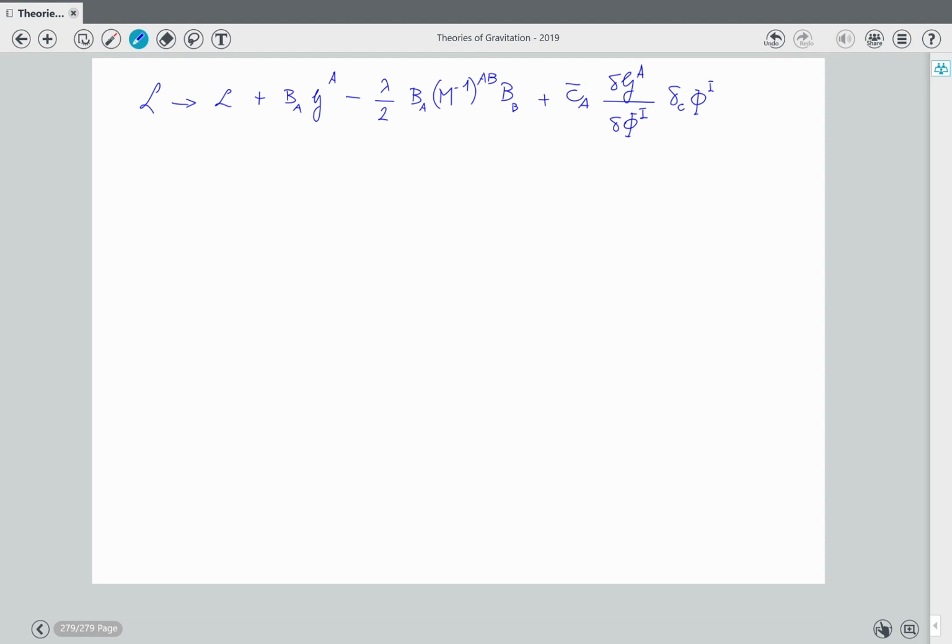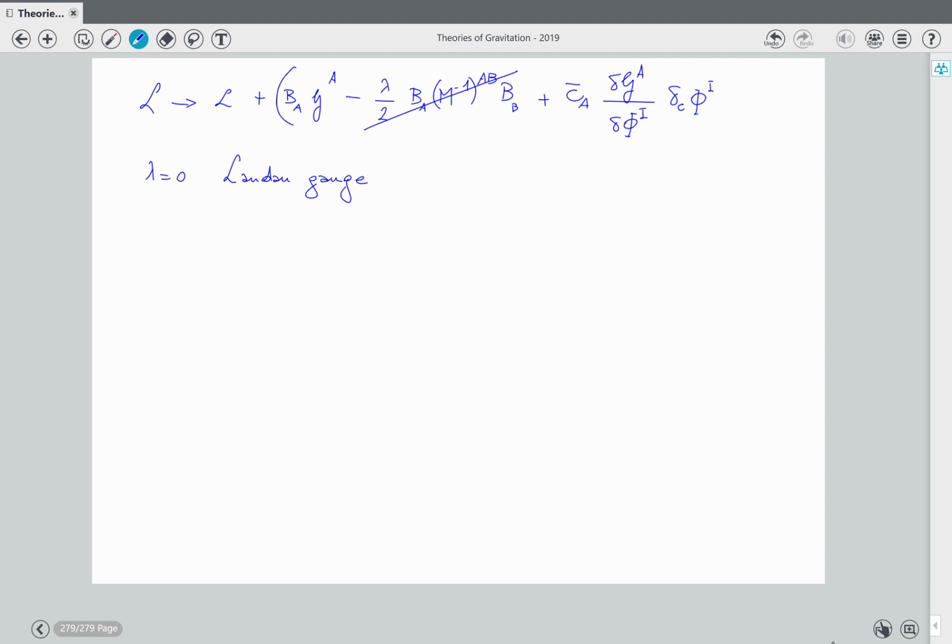Now, remember that lambda is a gauge fixing parameter. It's arbitrary. There is a particular case, which is lambda equals 0, which is called Landau gauge, which you can use here because you drop that term.